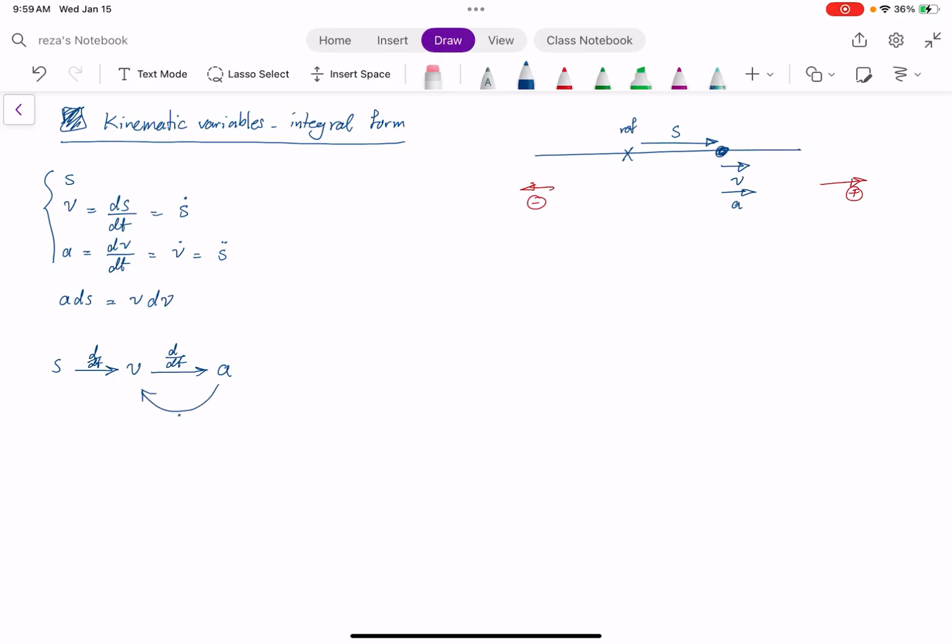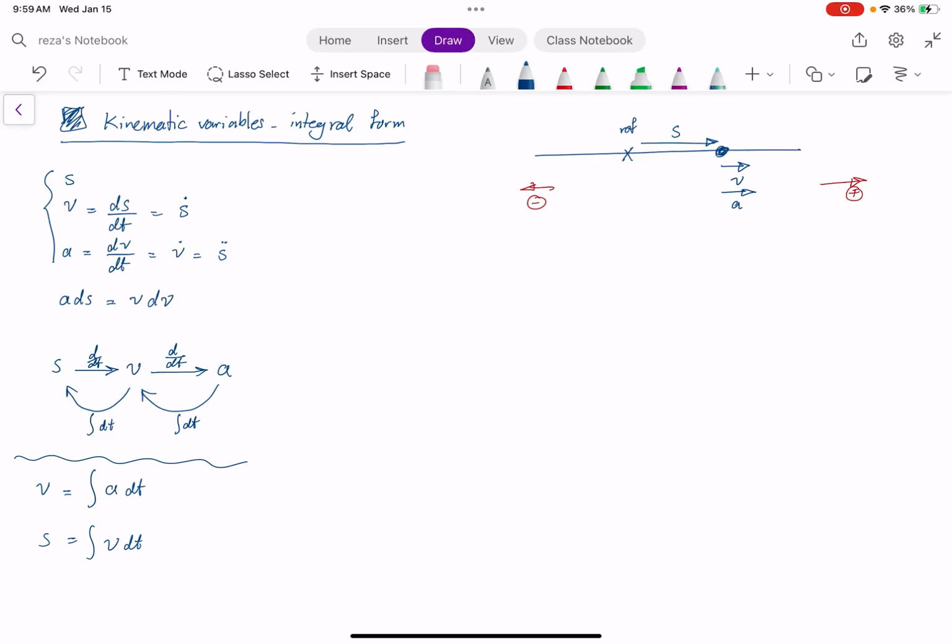Instead of taking a derivative, you take an integral. The integral of acceleration becomes velocity, and the integral of velocity gives you position. So let me write it down here: if you have acceleration, you can take the integral of a dt, that gives you v, and if you have v, you can take the integral, that gives you s.